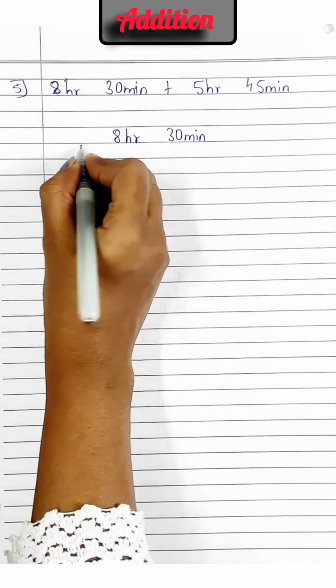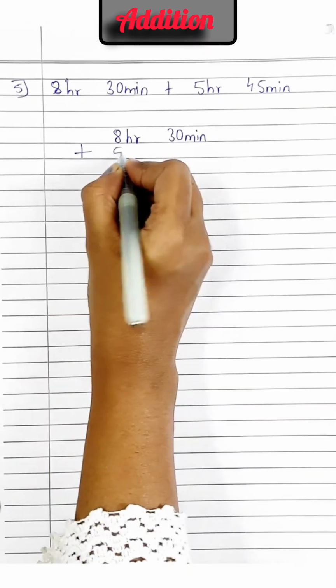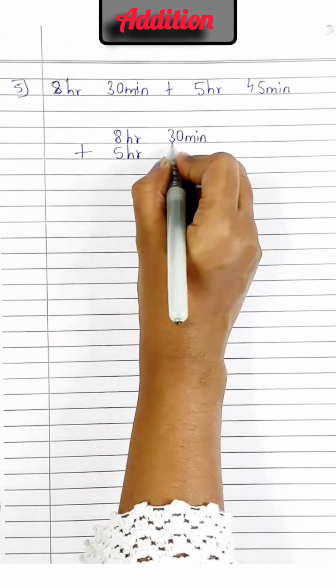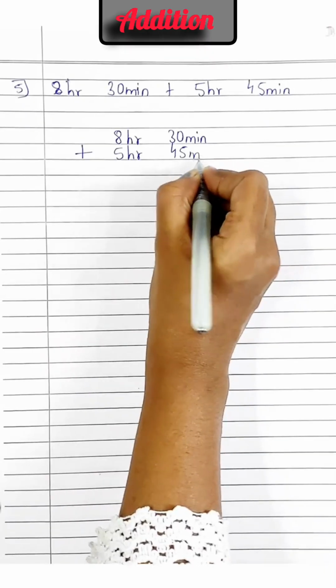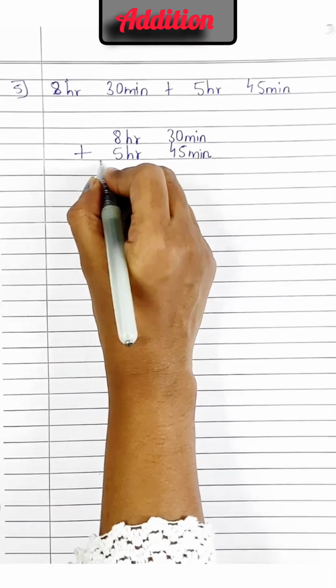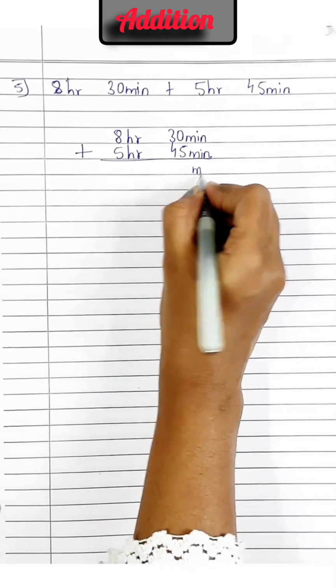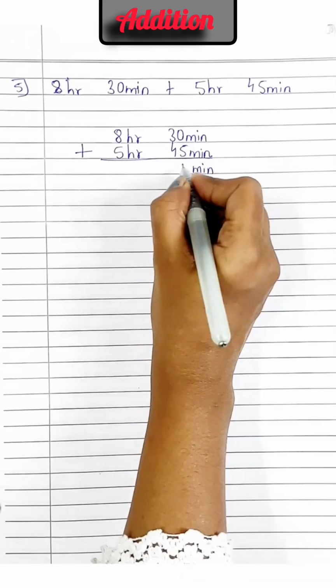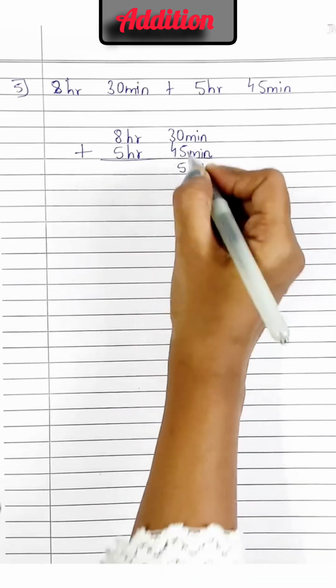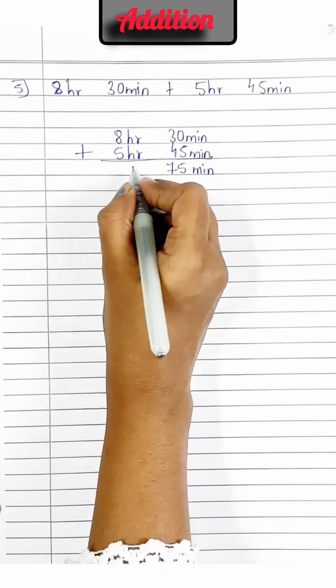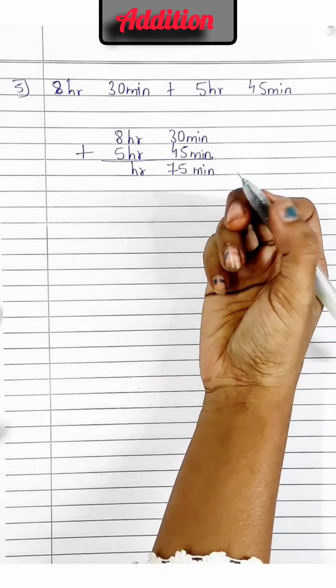This sum is based on addition. We will write hours under hours, minutes under minutes. Okay, so if you add 0 plus 5, 5, 3 plus 4, 7. Again hours under hours.